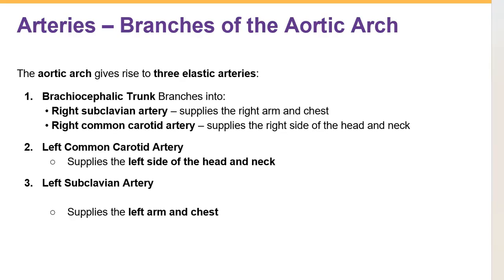The aortic arch gives these three elastic arteries, the large arteries with lots of elastic fibers in their wall. The first one, on the right side, is called the brachiocephalic trunk. Let's draw an aortic arch like that.